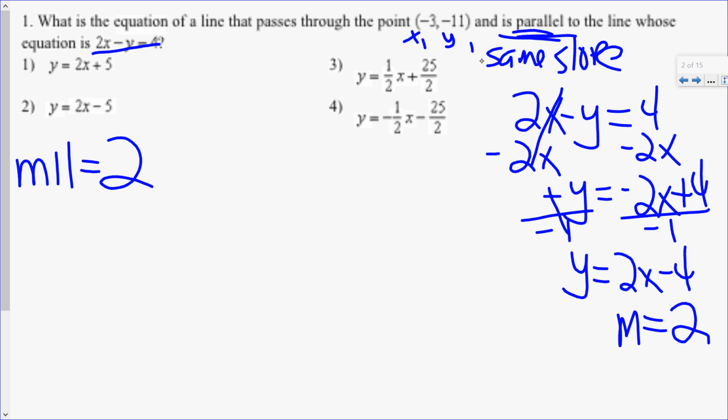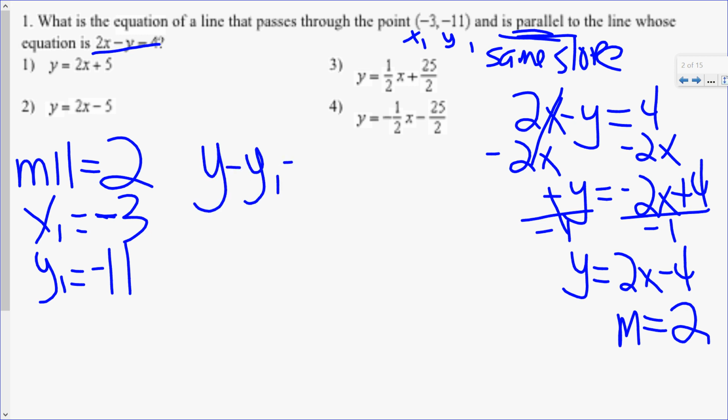x1, y1. x1 is -3. y1 is -11. And I'm going to go through this a little bit quicker. You should have gone through the point slope equation of a line through a point lesson before this one. So, make sure you stay in order. y minus y1 equals m times x minus x1.